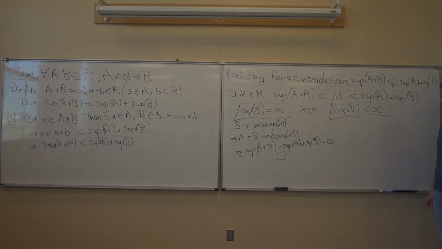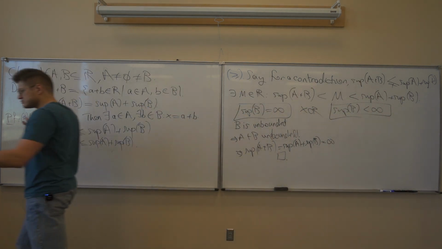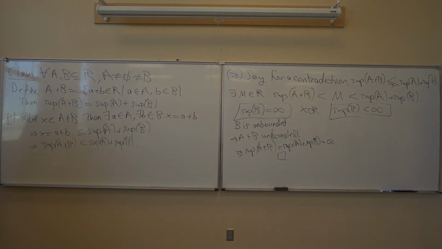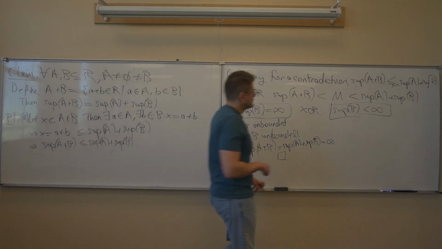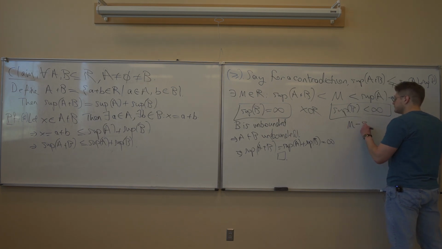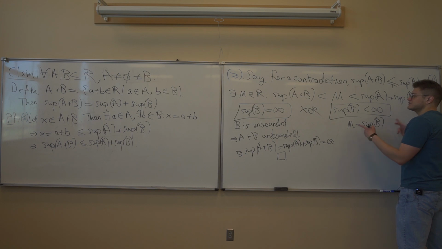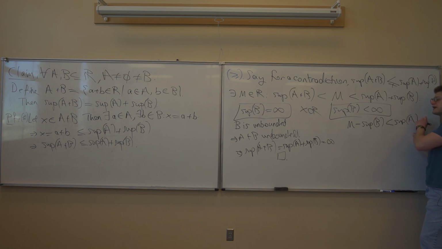In this branch, well, I can send this. Now it's an honest to heavens number, okay? So I can just do arithmetic with it. Sending it to the other side, I have this: M minus sup of b, it's a number, is strictly less than sup of a.